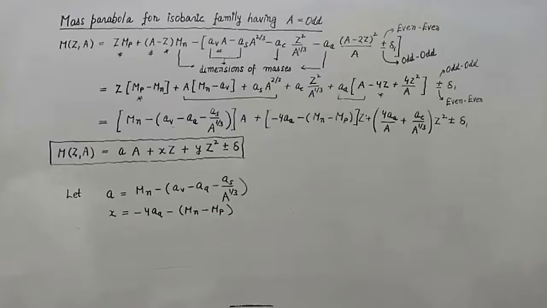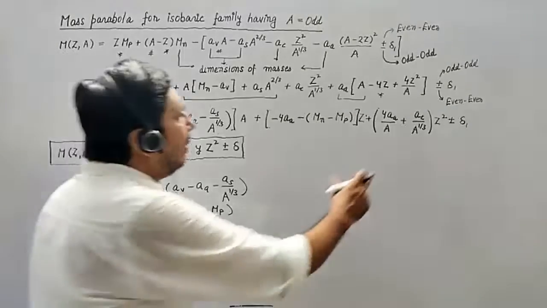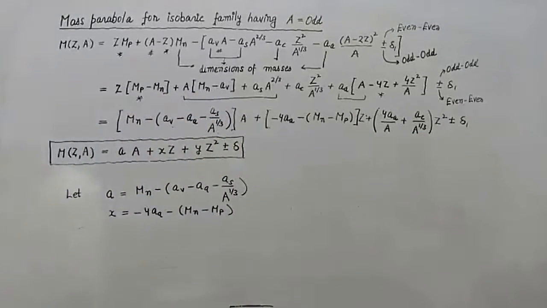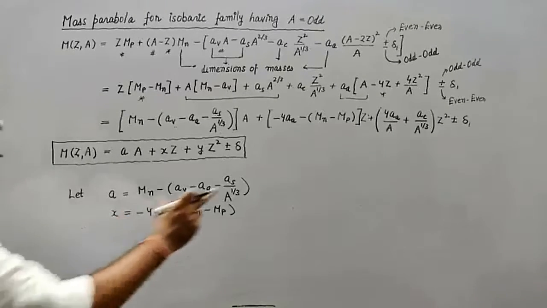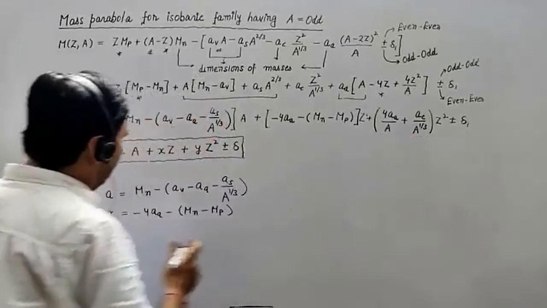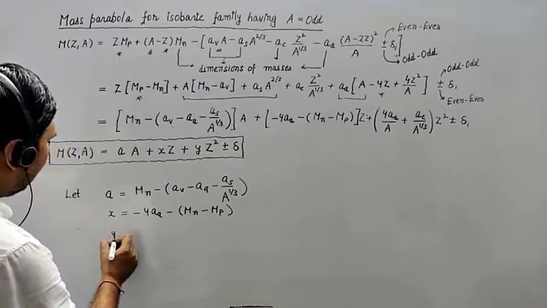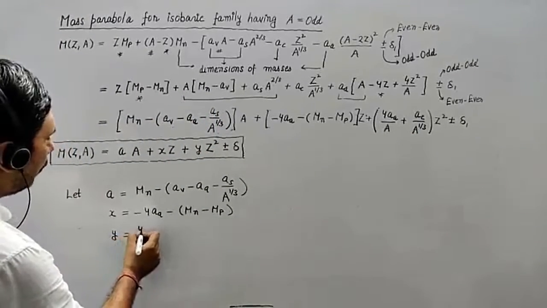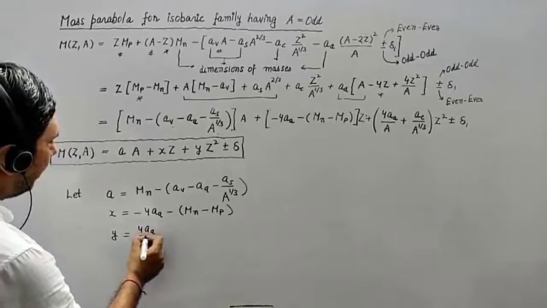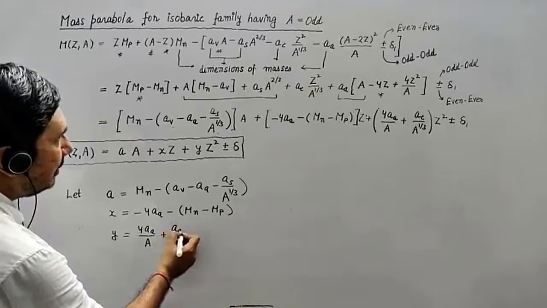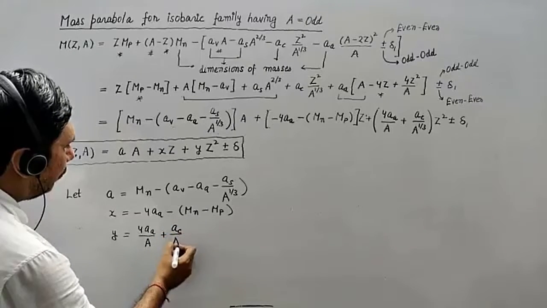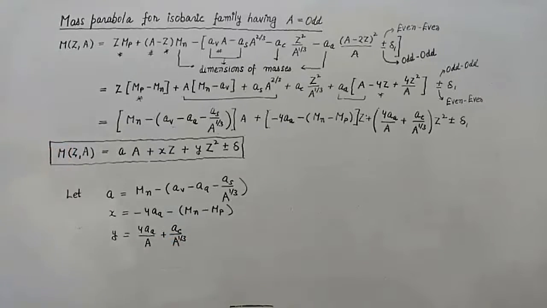Plus, I am assuming the third bracket term as Y. This Y is equal to 4 times Aa upon A plus Ac upon A to the power 1 by 3.